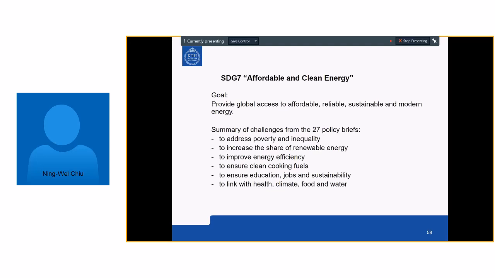There are different policies around it, but if we summarize them, they are to address poverty, inequality, increase the share of renewable energy, improve efficiency of energy use, ensure clean cooking fuels, ensure education, job sustainability, and then link with health, climate, food, and water. Those are some of the challenges raised in those policy briefs, summaries issued from SDG 7.